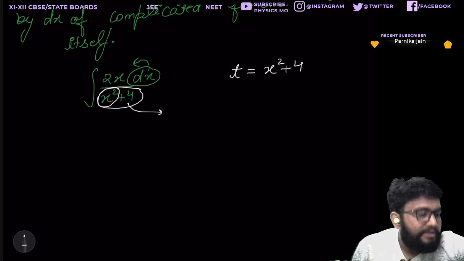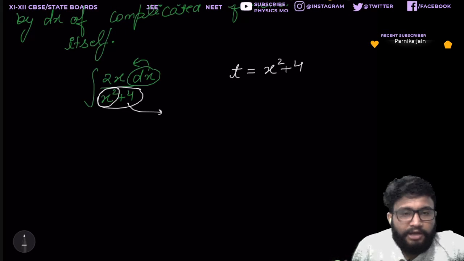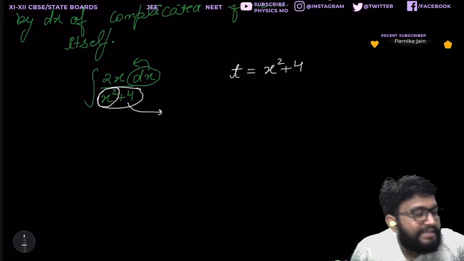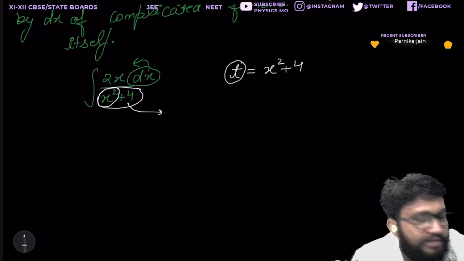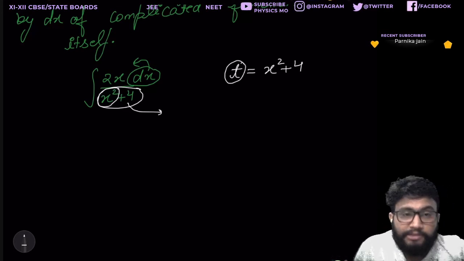Basically, this t means nothing. This is the new variable.